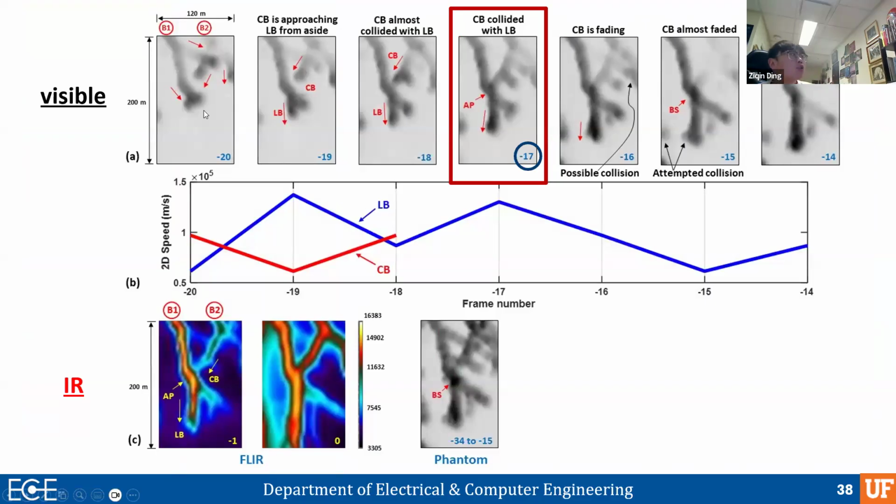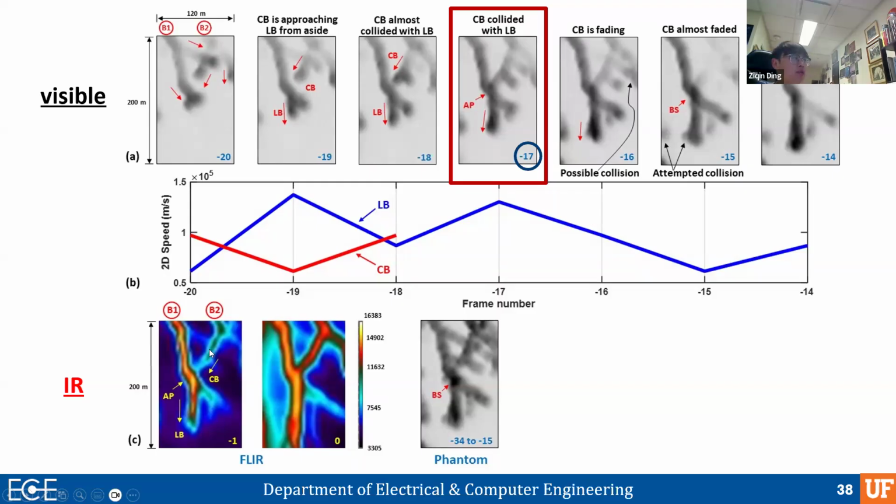As promised, I showed the consecutive frames here in that small region, and there are a leading branch and a chasing branch for the negative step leader. With the chasing branch approaching the leading branch, you can see in this frame, -17, it collided into the side part of the leading branch. After the collision occurred, the chasing branch is absorbed by the leading branch and disappears, and the leading branch keeps propagating.